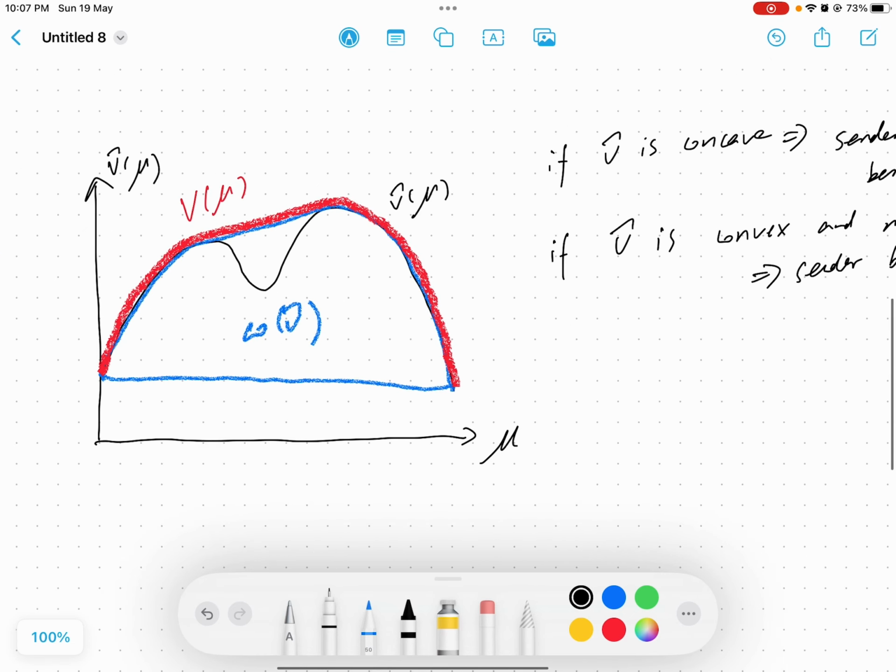Corresponding to this picture, we can notice that we have those two levels of beliefs.